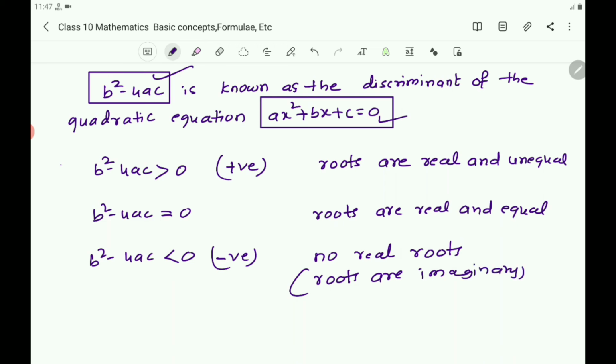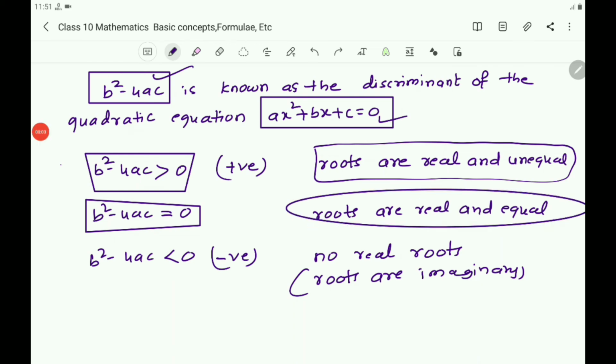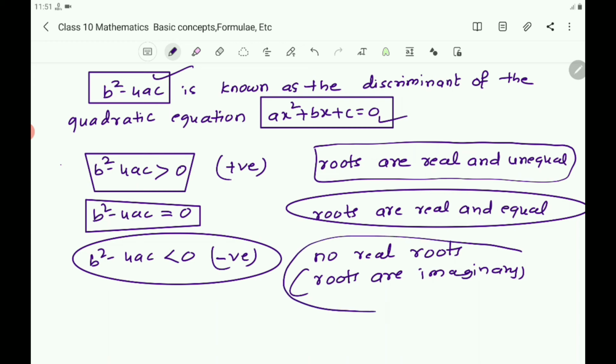So you must keep in mind, if b square minus 4ac is greater than 0, roots are real and unequal. If it equals 0, roots are real and equal. If it is lesser than 0, that is negative, then the roots are imaginary, no real roots.